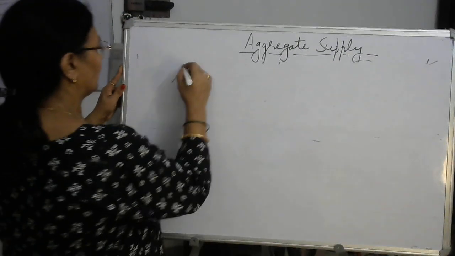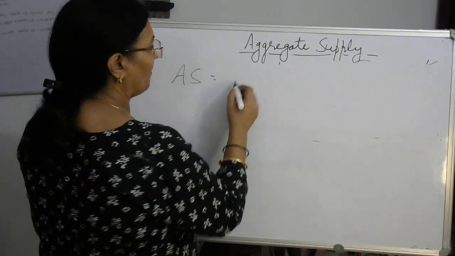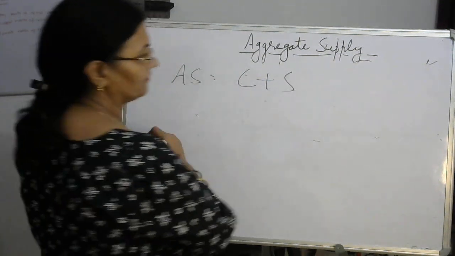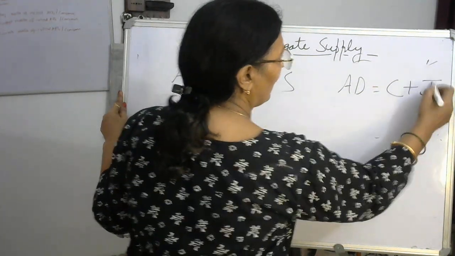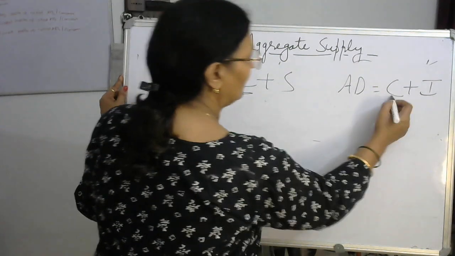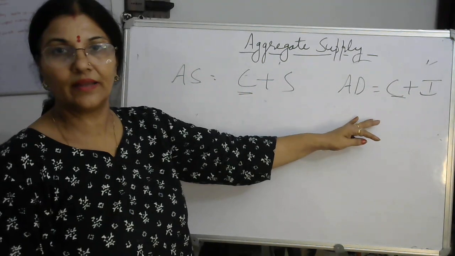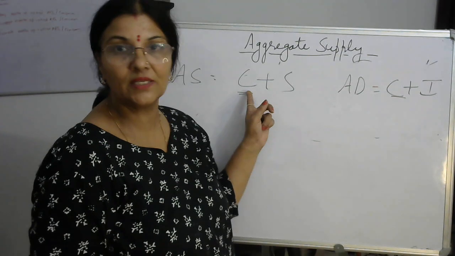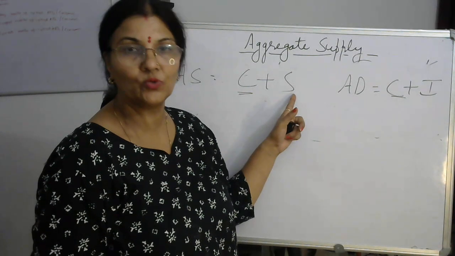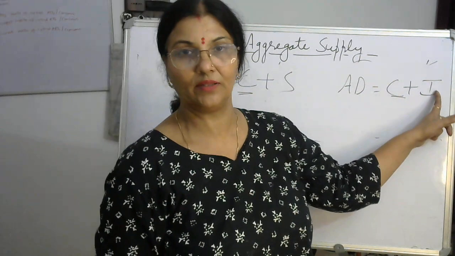So AS has two components, C plus S. AD, I explained to you, has two components, C plus I. So C is common in AD and AS, right? Here we will study consumption, propensity to consume, saving, propensity to save, and investment further.